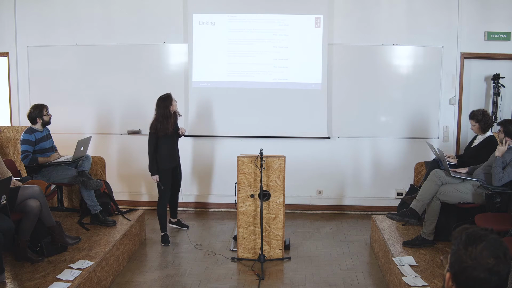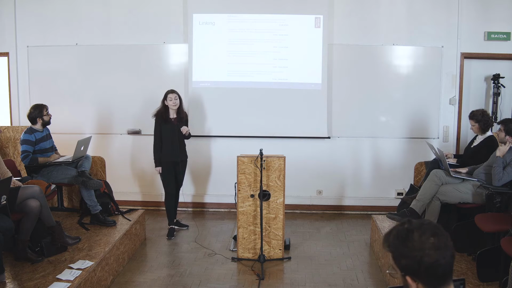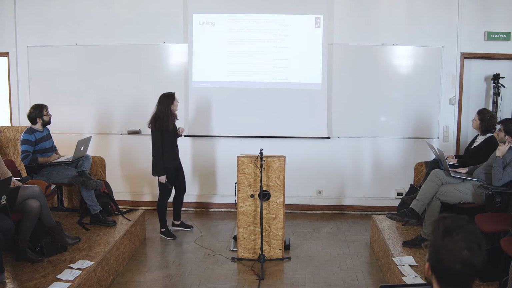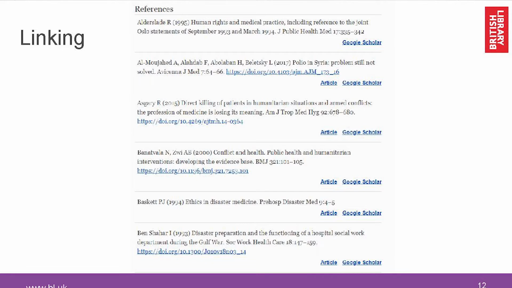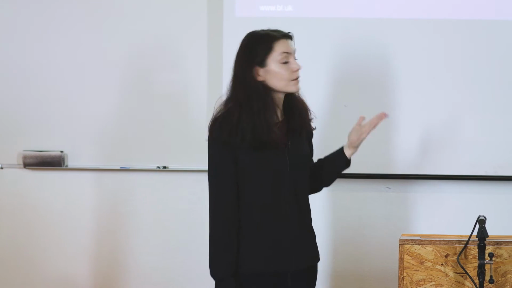In terms of linking, this is a reference list from an article. And as you can see, we've got a lot of DOIs in the reference list, and through that we can link through. And this helps with things like calculating the citation counts of articles and other types of services.